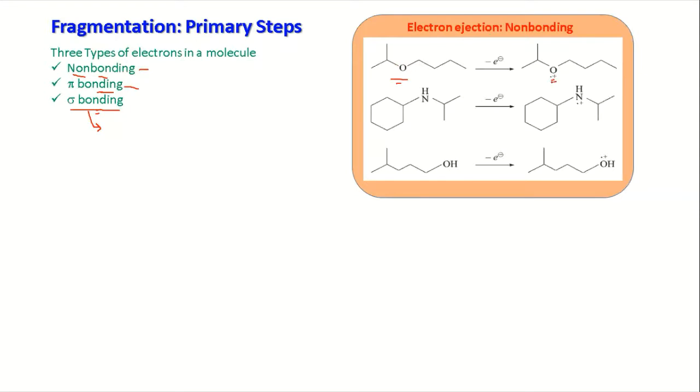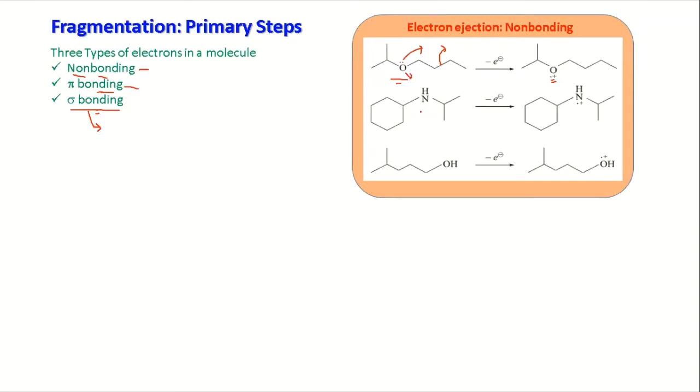It doesn't mean that in the mass spectrum there will be no ejection of electrons from the sigma bond. Sigma bonding electrons will be ejected, but that is the minor route. The major route is electron ejection from the oxygen lone pair. So whatever fragmentation you look at will be guided by this non-bonding electron ejection.